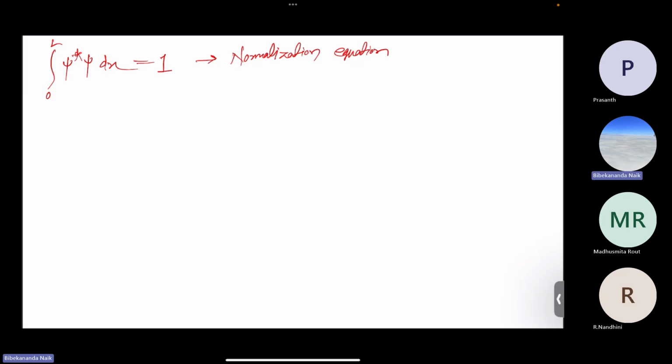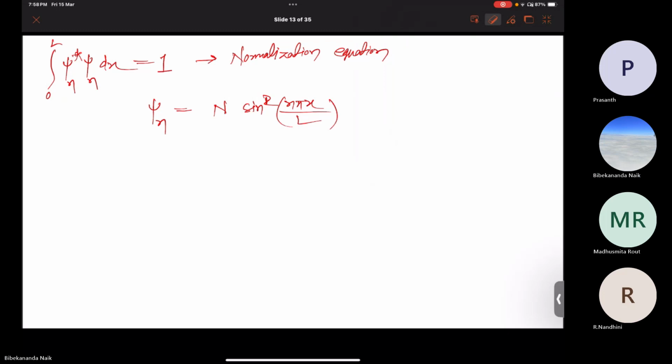So if you integrate it, we know psi is what? Here it will be psi n star psi n. So psi n is N sine(n pi x by L).